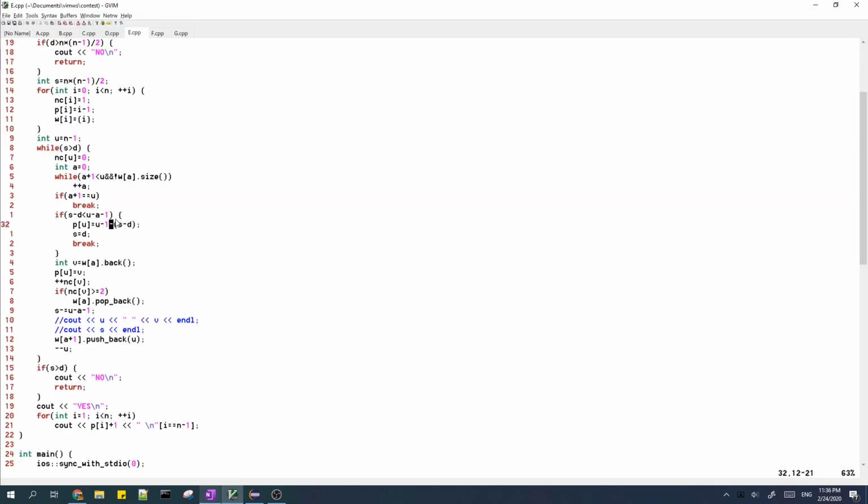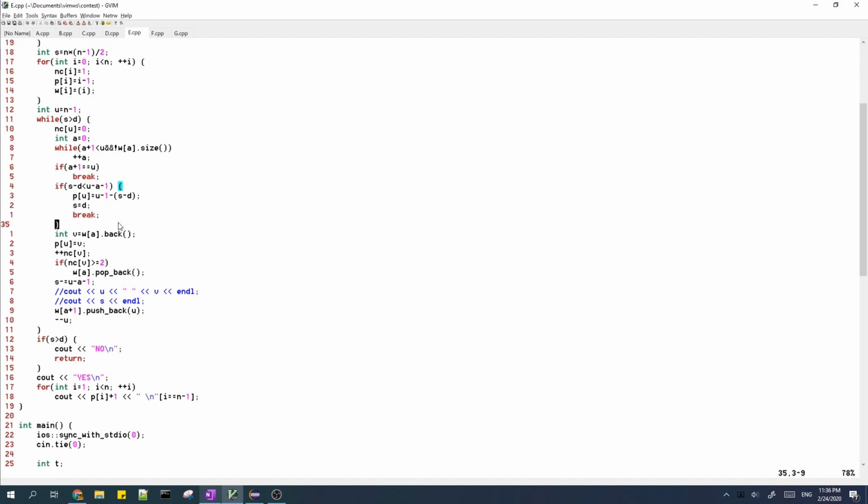It's just some math. We want a difference of s minus d, so if we move the parent up higher each time, then it'll subtract the depth by 1. So that's why we do this. And then we set s equal to d, and we just stop this loop.